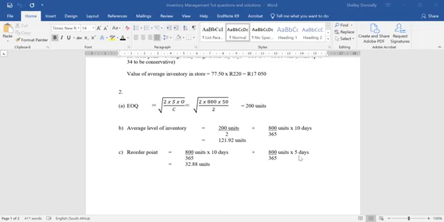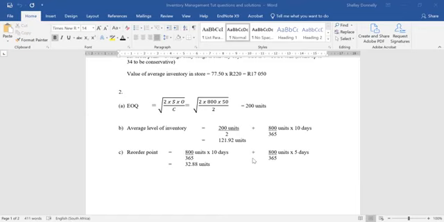But they also have to have 5 days worth of stock to account for that delivery delay. So again, it's the daily usage times 5 plus the daily usage times 10. Or you could have said just 800 over 365 times 15, because they need to have 15 days worth of stock left when they pick up the phone.